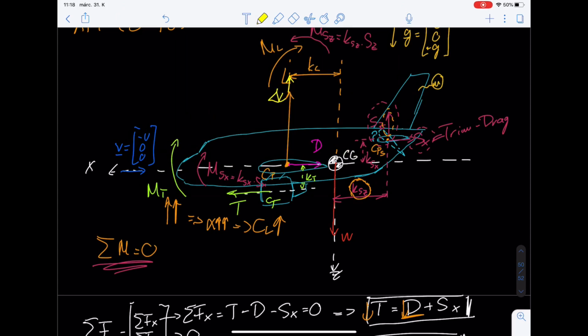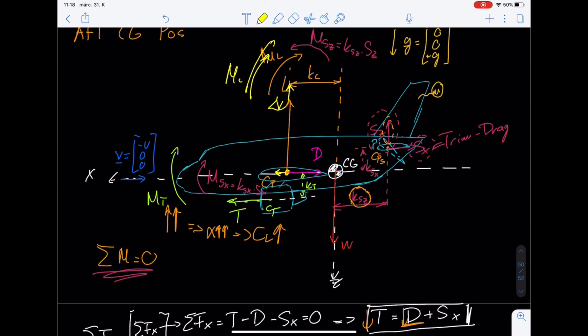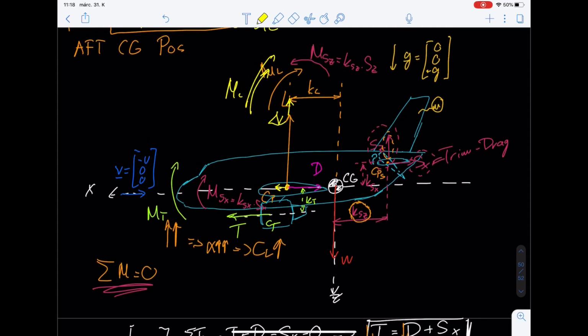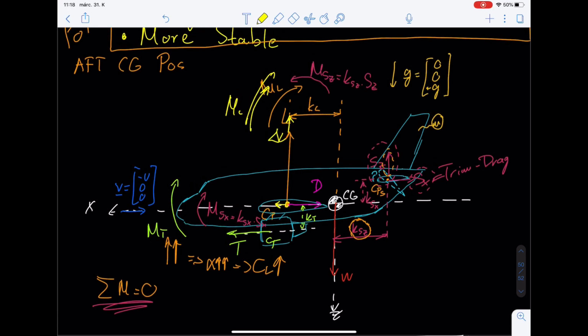And if the lift increases, it's also the effect that the center of pressure is going to actually move forward. And the lift increases, which generates an even larger pitch up moment. So the initial tendency was to pitch up, and the aircraft wants to pitch up even further in the direction of the disturbance.